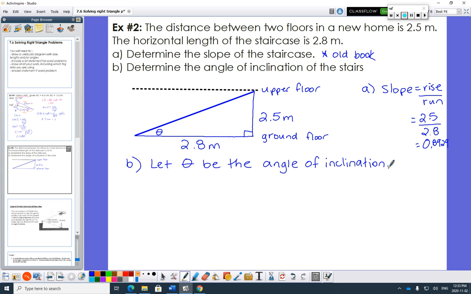Or you could write let x be, whatever. Or something like we did before, and then say let angle C be the angle of inclination. You decide how you want to label your picture, and then just write the appropriate sentence, the let statement, okay?